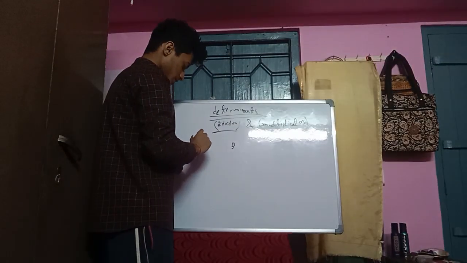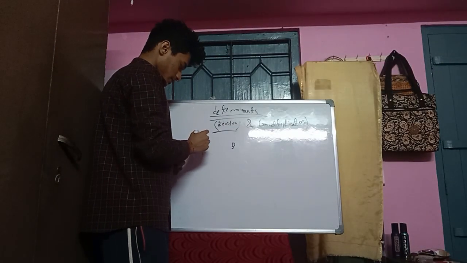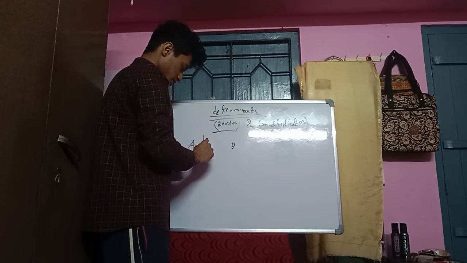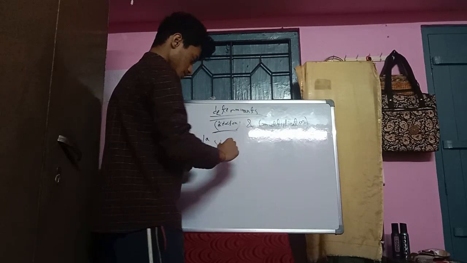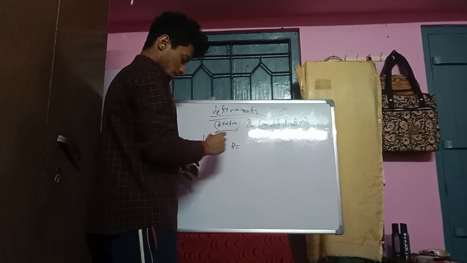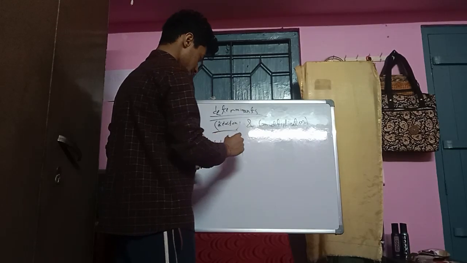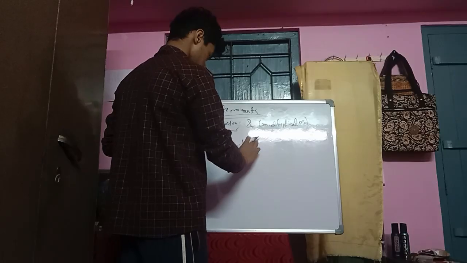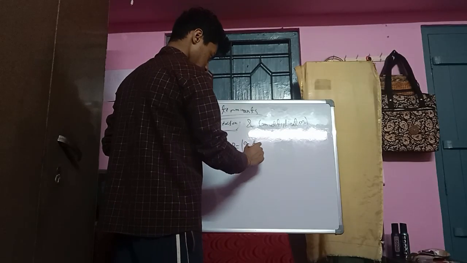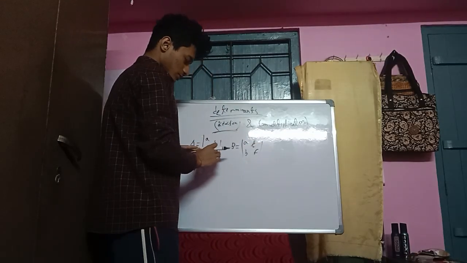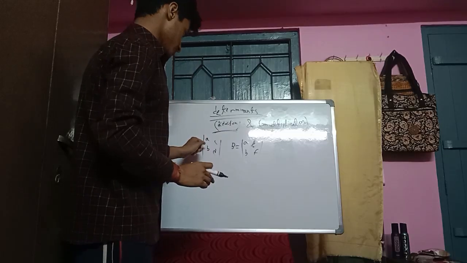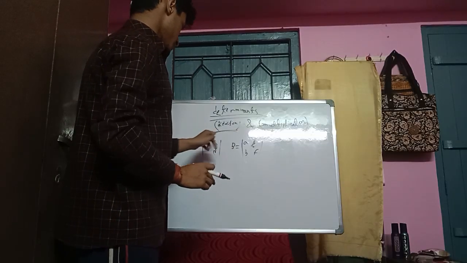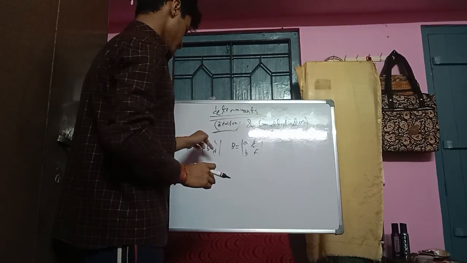Let's say determinant A has elements A, B, C, D. If determinant B has elements like A, B, E, and F, then we'll be able to add these two because one column is common. The first column in both determinants consists of two elements A and B.